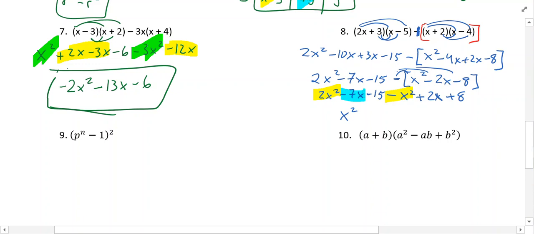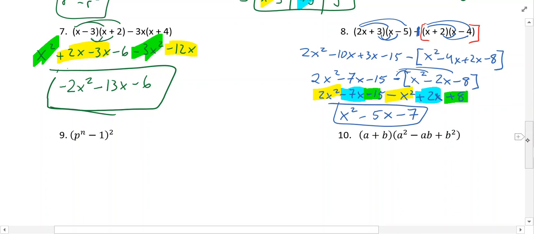Then I have negative 7x and 2x, which is going to leave me here with a negative 5x. And then in my last term, I have negative 15 and positive 8. So that's going to combine to give me a negative 7. So then this is your final answer, x squared minus 5x minus 7.